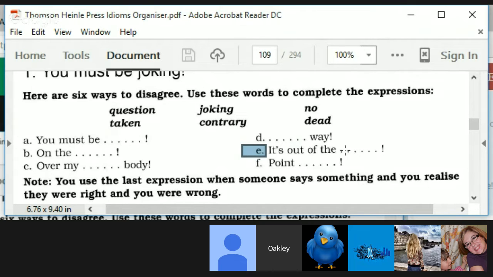It's out of the question. Whatever: borrow money, spend money, go somewhere, do something. Total denial is what this one is used for. Absolute and total denial. No argument. Don't argue with me. It's not going to happen.